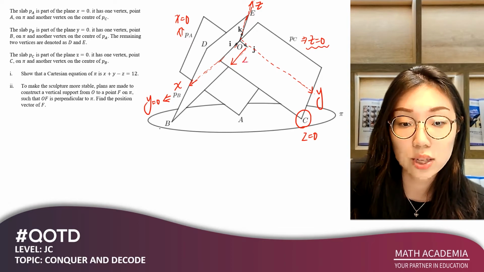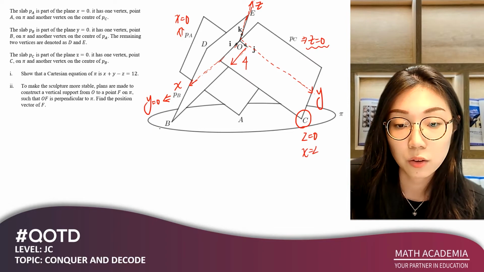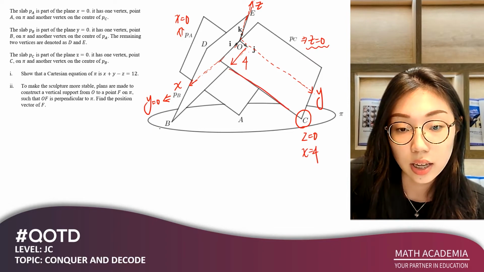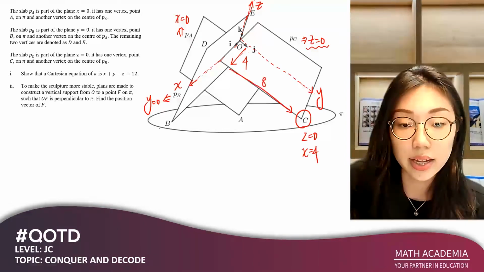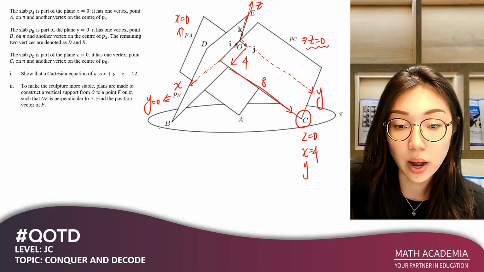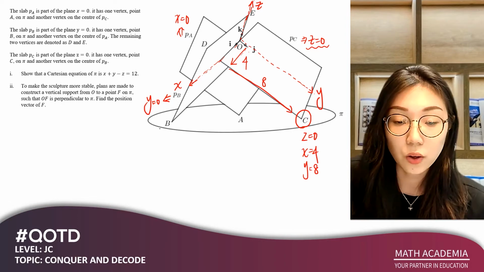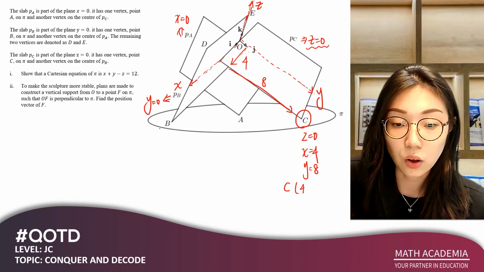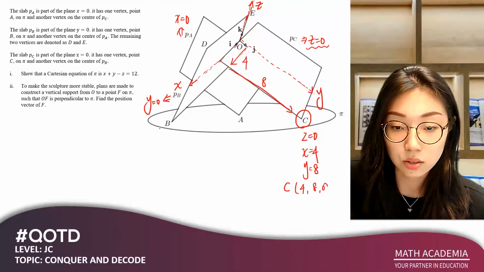So we have x equals to 4. And it moves 8 units in the positive y-axis, so we have y equals to 8. Therefore, the coordinates of C would be denoted as 4, 8, 0.